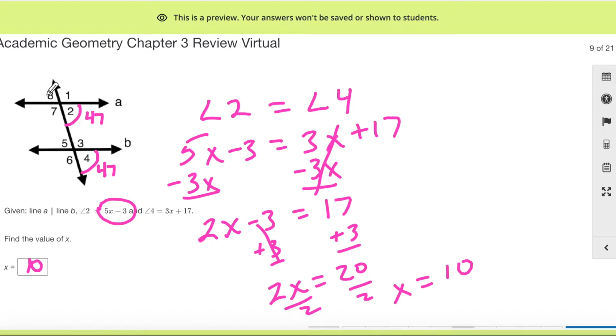And we could find these angles, and then of course we could find the rest of the angles in the picture using vertical angles, linear pairs, alternate interior, alternate exterior, etc. And that's how that would shake out.